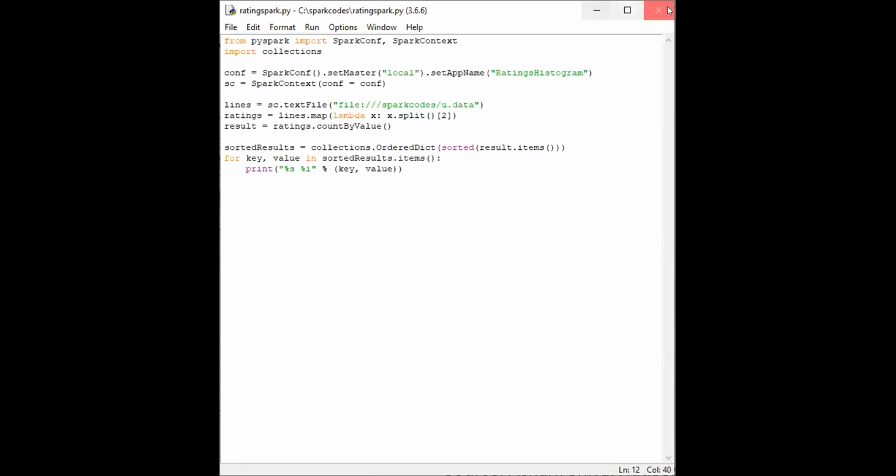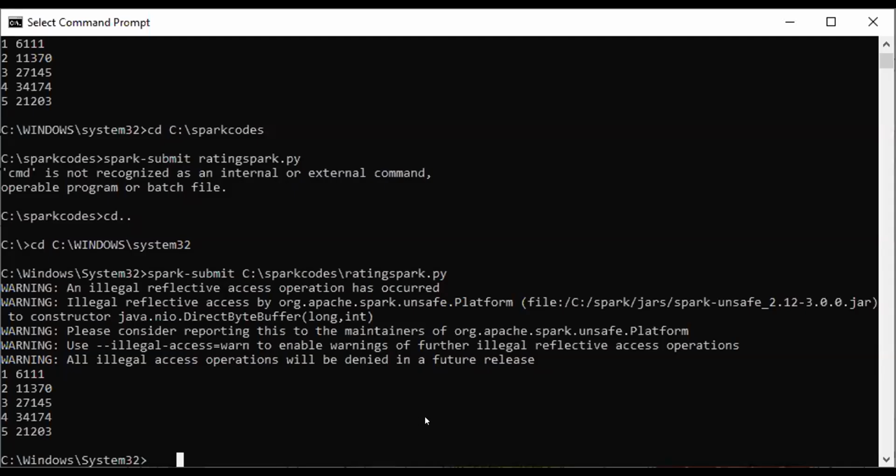So let me just run it. Here, I just type spark-submit. I already installed Spark on my system, so after you install Spark successfully, you can run this code.